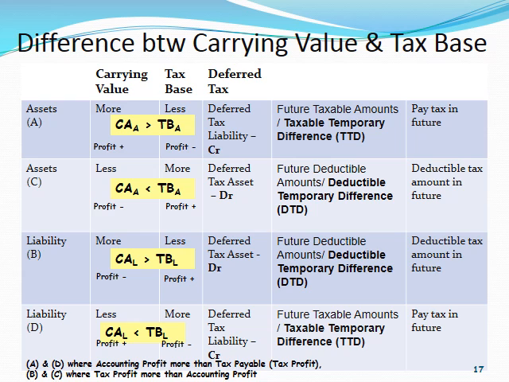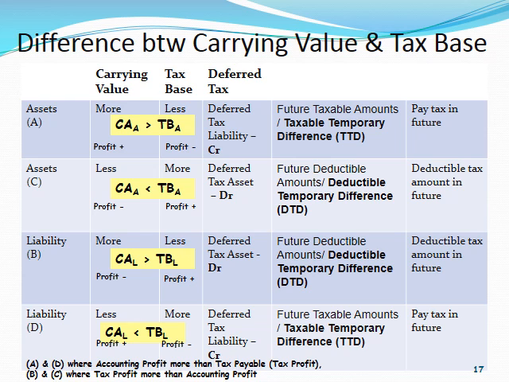As we can see in the first row, if the carrying value or amount of an asset is higher than its tax base, what we're going to have is a taxable temporary difference, TTD, which represents the amount of tax that needs to be paid in the future. So we're going to record, on the credit side, deferred tax liability.